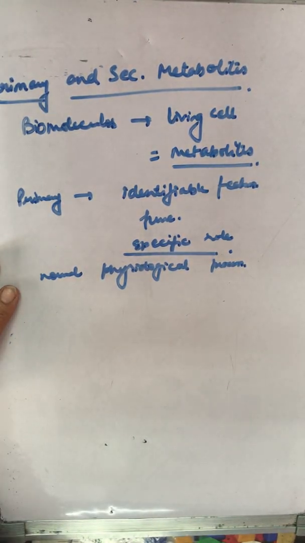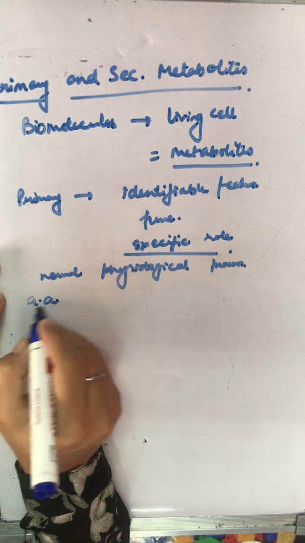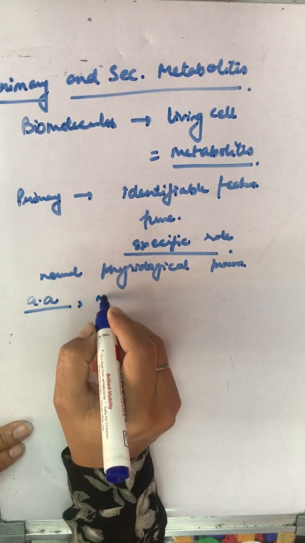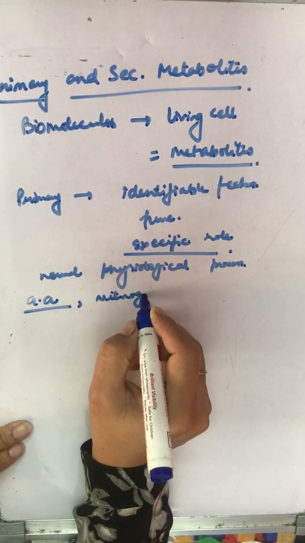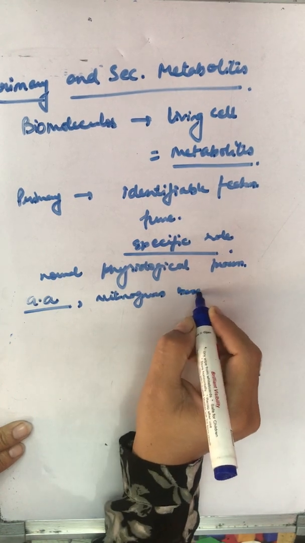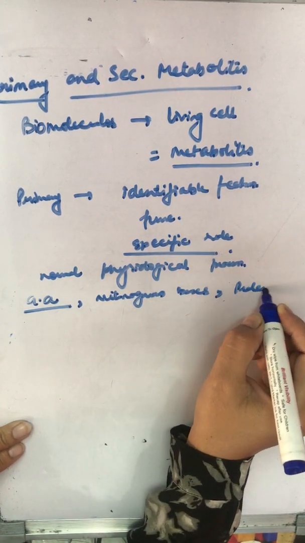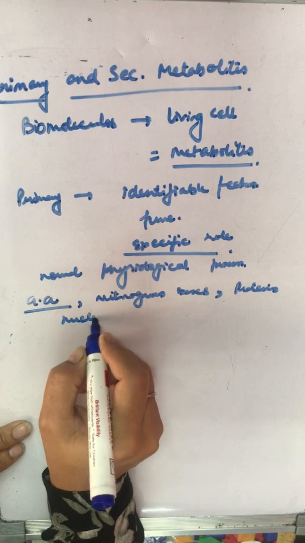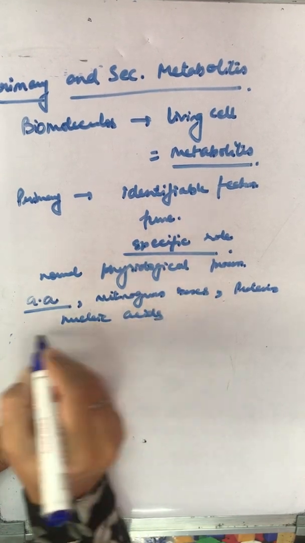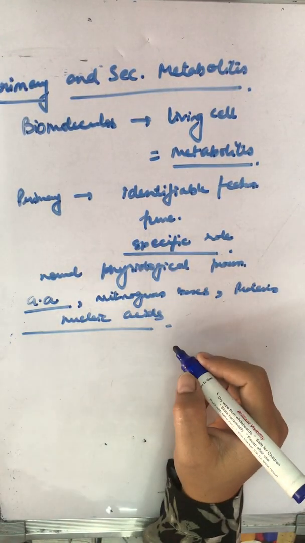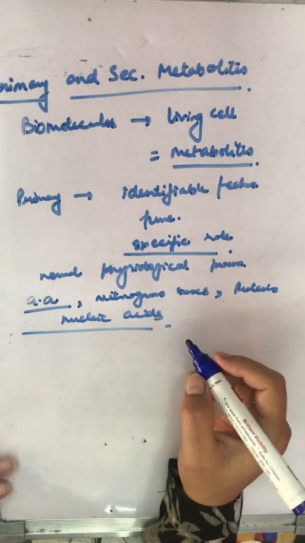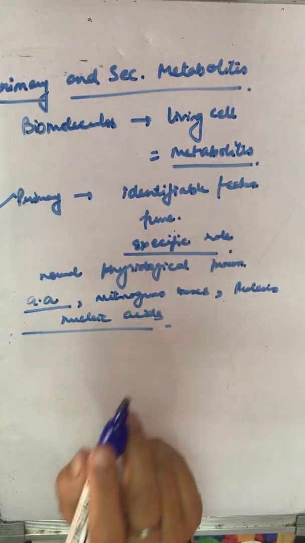We can easily identify amino acids, nitrogenous bases, proteins, nucleic acids. We easily know what their role is, what function they perform, and how to identify them. So primary ones are quite specific.